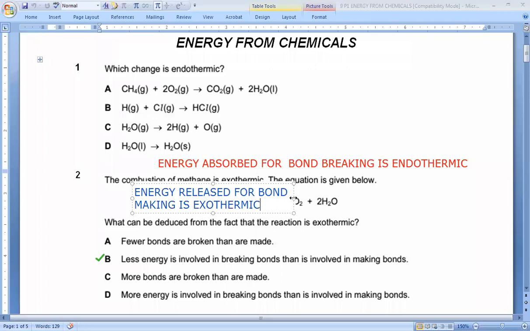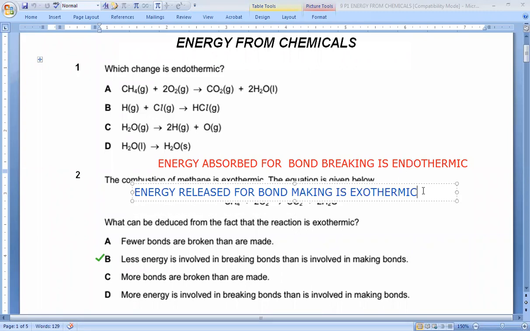So we can say that this is H2 or this is H1. If bond making energy is greater than bond breaking, the reaction is exothermic.